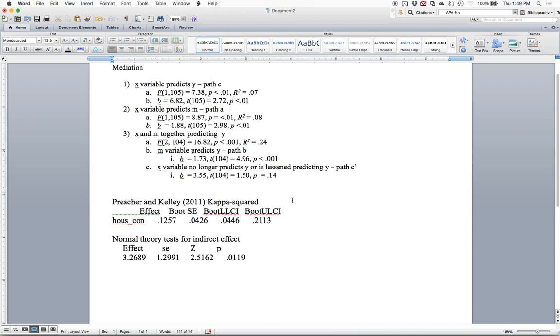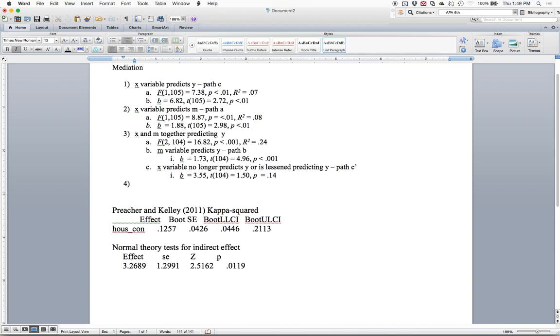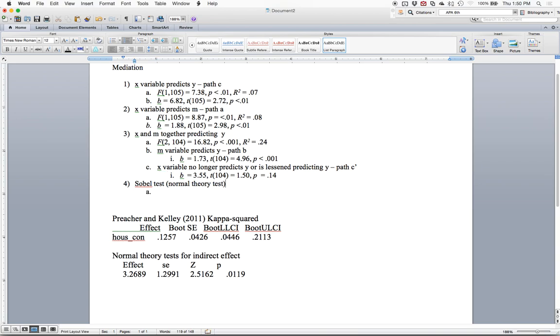So after all of these steps are supported, most people do the Sobel test, what's called the Sobel test. Okay. And that's the normal theory test, as it's listed here in the output. It is a z-score test if the indirect effect, or C minus C prime, is different from 0.